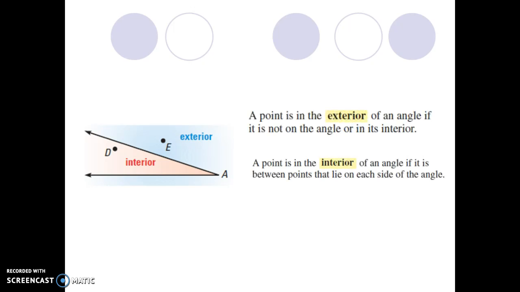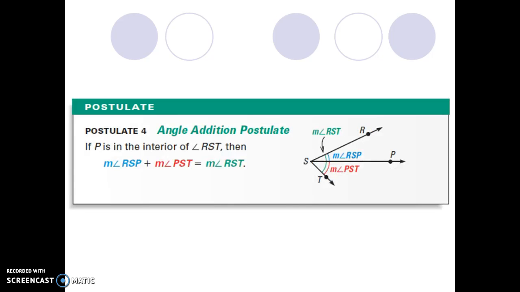Talking about the interior and exterior of angles is pretty self-explanatory. Interior will be on the inside, in between the two rays, and exterior will be on the outside of those two rays. Our angle addition postulate is very similar to the segment addition postulate we spoke about, which just says the two pieces of the angle equal the whole thing.